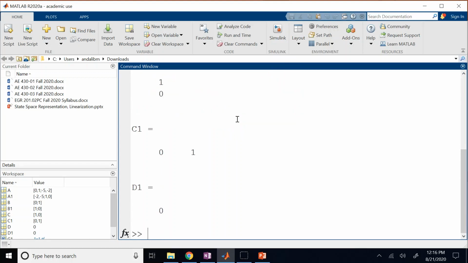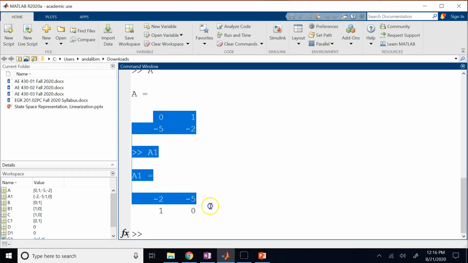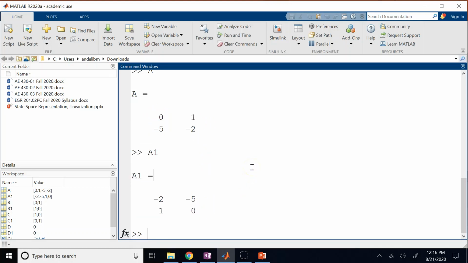Are these the same as those ABCDs that I defined? No. That's quite interesting, isn't it? Look at A and A1. I expect the same thing, but they are not. But the rows are just swapped, right? And look at B and B1, and C and C1. They are very similar except the elements are exchanged. Do you know why?